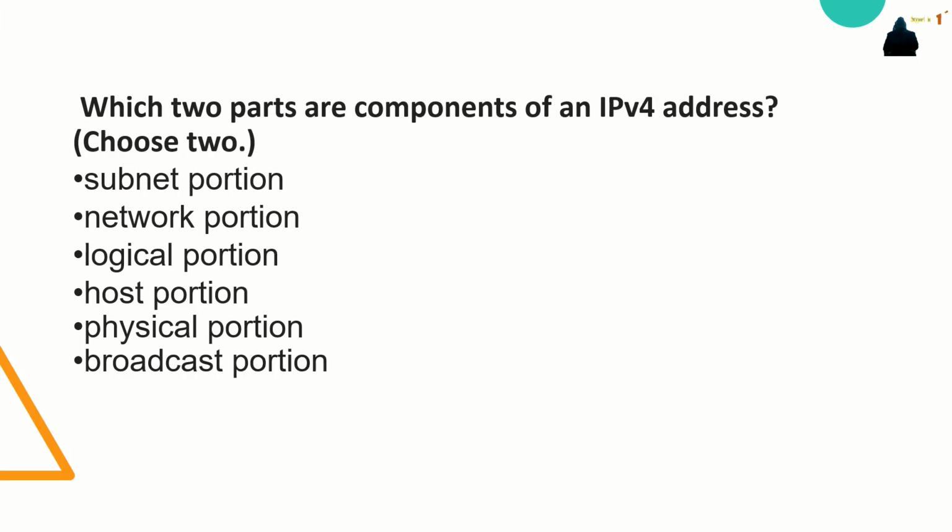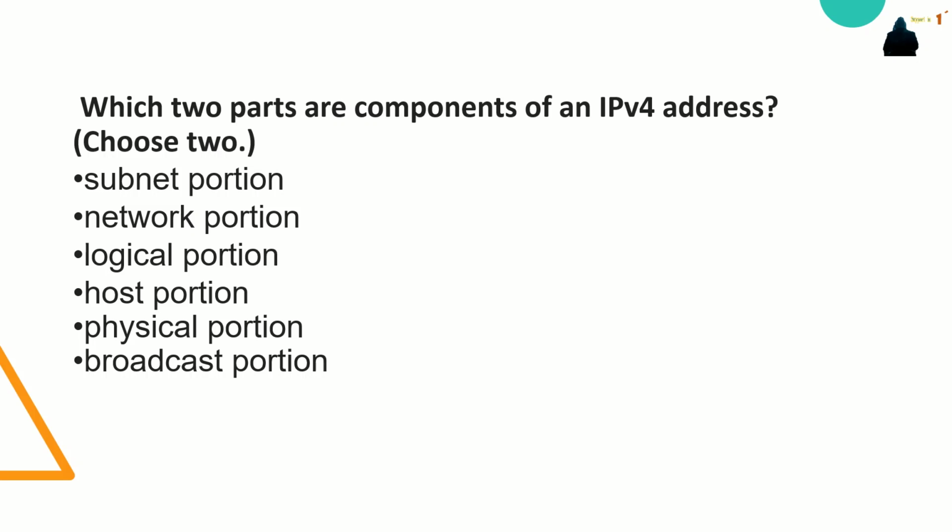Which two parts are components of an IP version 4 address? It's very simple because we don't have a subnet portion, logical portion, physical portion or broadcast portion. For an IP address, we have a network portion and a host portion. The subnet portion is for the subnet mask.